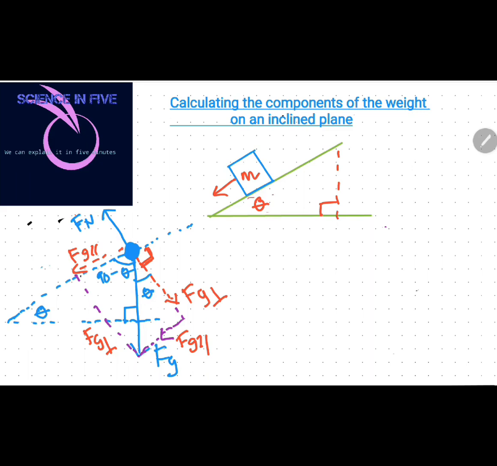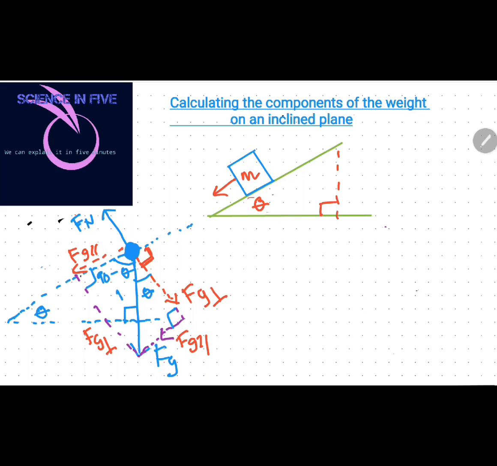Fair enough. So to calculate Fg parallel and Fg perpendicular, which is what we want, the components of the weight on an inclined plane, we're going to use the trig ratios. Let's start with Fg parallel. Here is Fg parallel, there is Fg, and there is Fg perpendicular. So this angle here is 90 degrees, that angle there is 90 degrees.